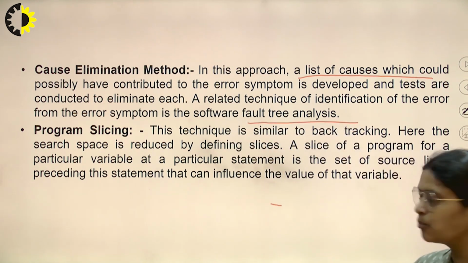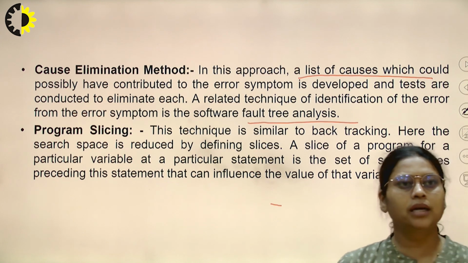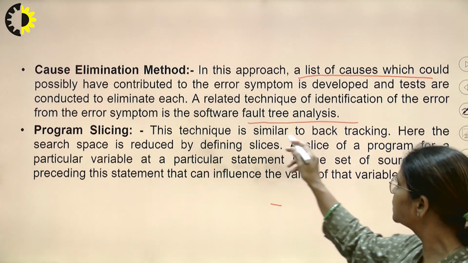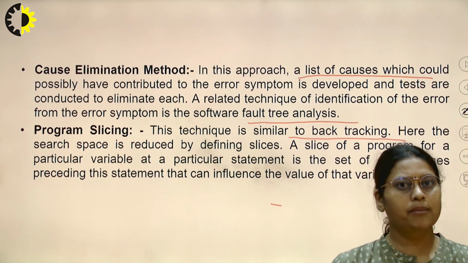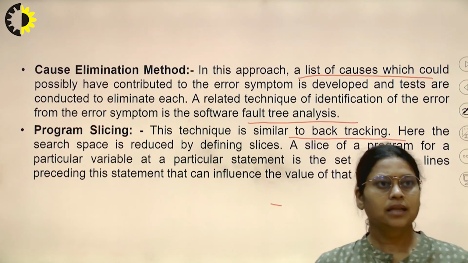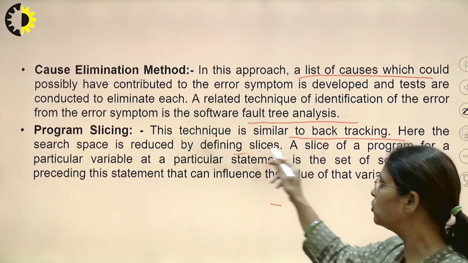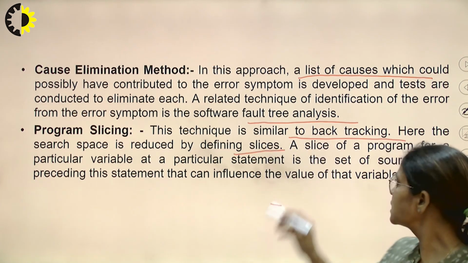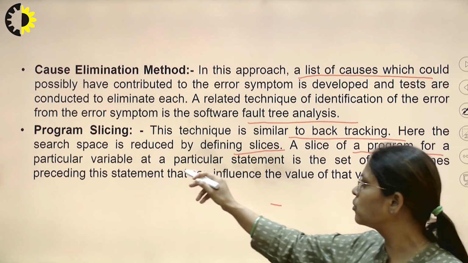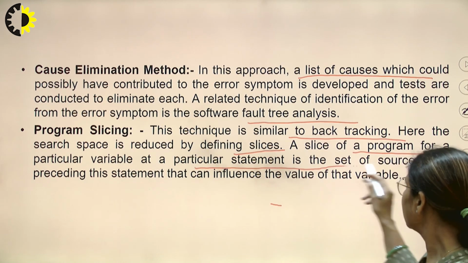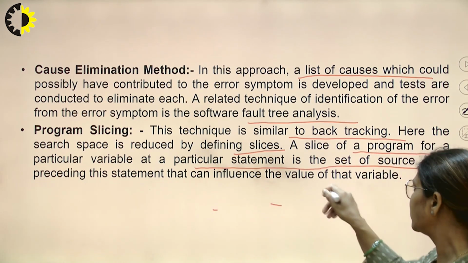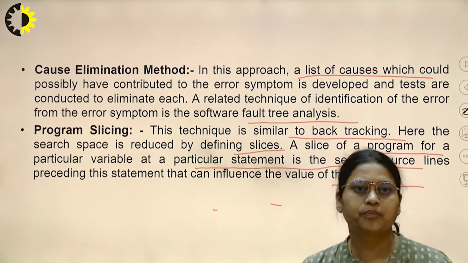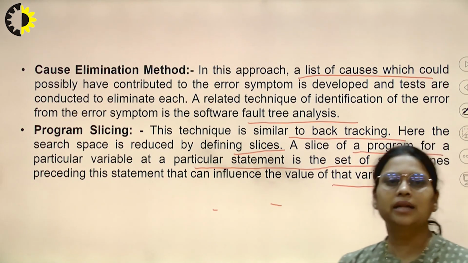Another method is the program slicing method of debugging. This technique is similar to the backtracking method. Here we also backtrack through the program, but in this case the search space is reduced into slices. A slice of a program for a particular variable at a statement is the set of source lines preceding this statement that can influence the value of the variable. So these are some methods of debugging.